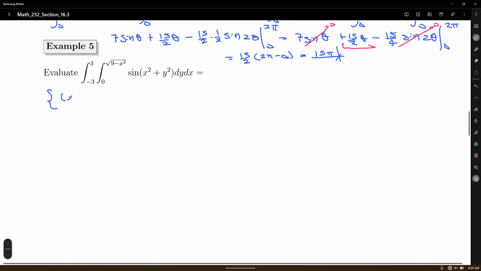The domain of integration is the set of all ordered pairs x, y such that x is varying between -3 and 3, and y is varying between 0 and the square root of 9 minus x squared. All right? So let's use this information to sketch the region of integration.